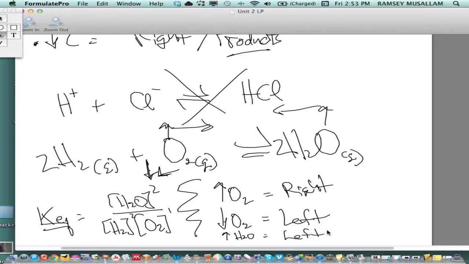One little side thing, if I pumped in a bunch of Ne, neon, what do you think will happen? Nothing. Because Ne is not in here. The neon is not going to react with anybody. Okay?